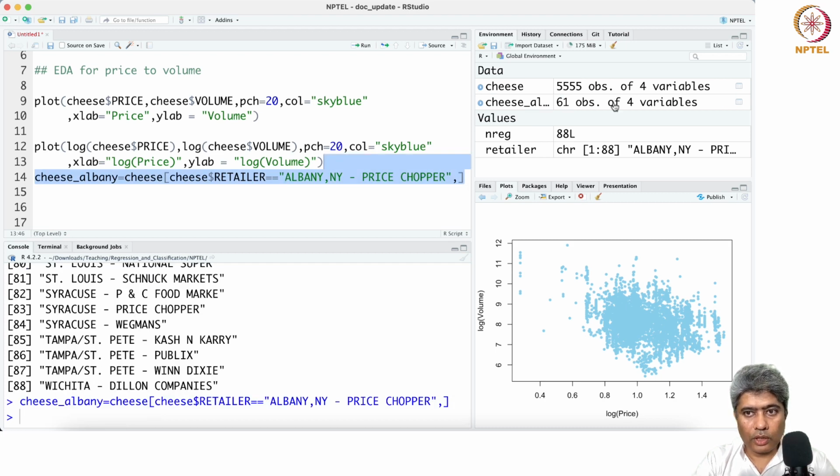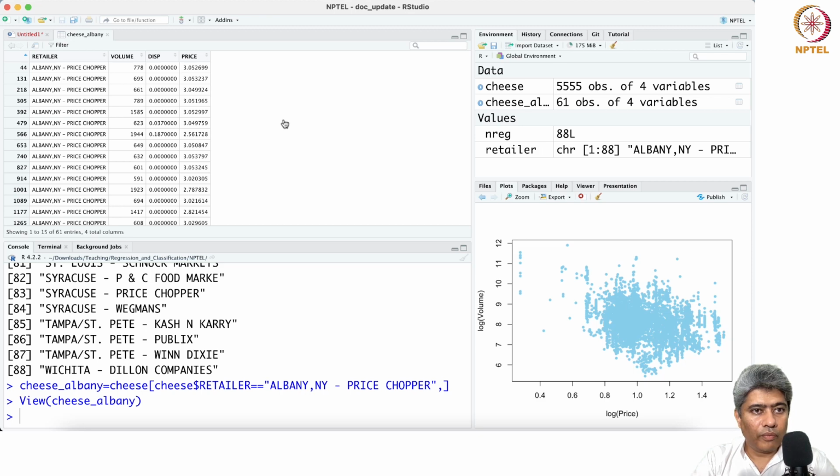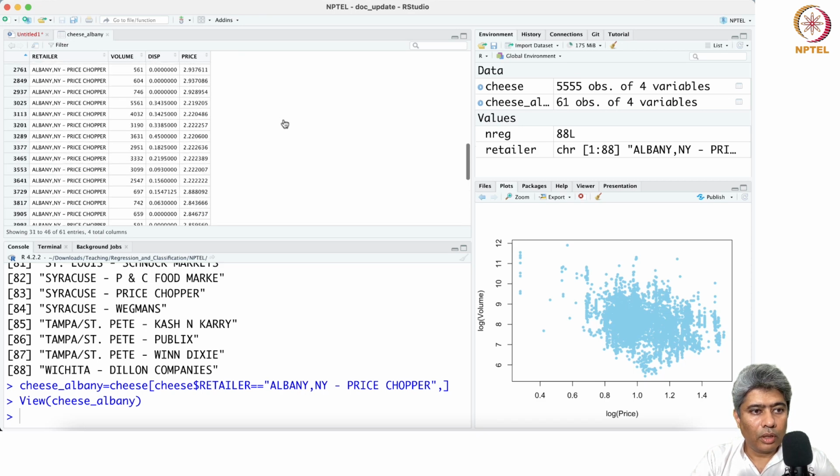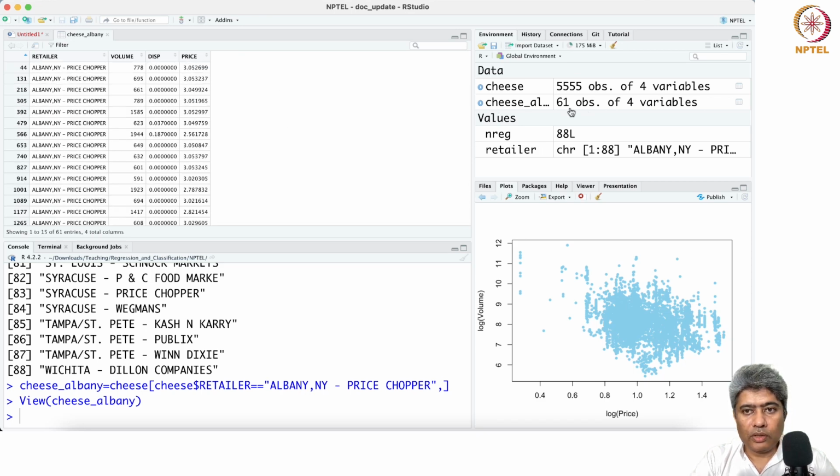If I just do that, these are the values of all the 61 observations, all belonging to Albany Price Chopper.